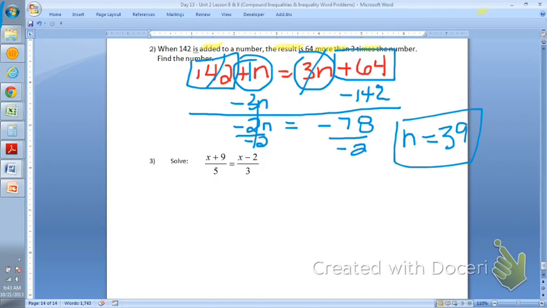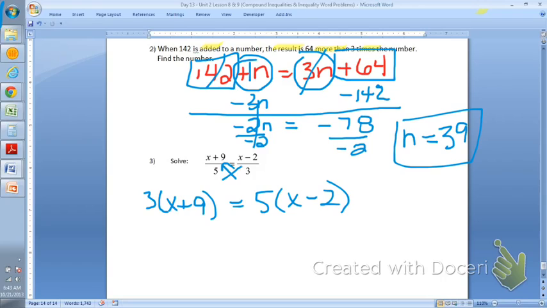Last question, we have a complex fraction equaling another complex fraction, so this is where we do need to cross multiply. 3 times the whole quantity, x plus 9, you do have to have those parentheses, is equal to 5 times the quantity, x minus 2.